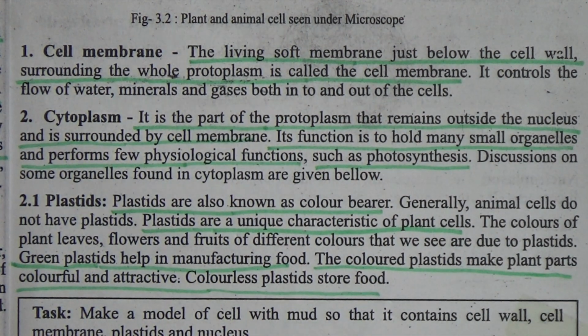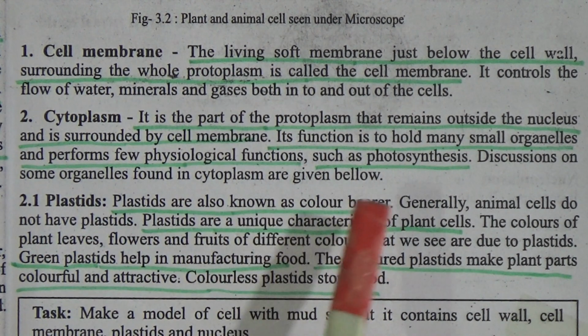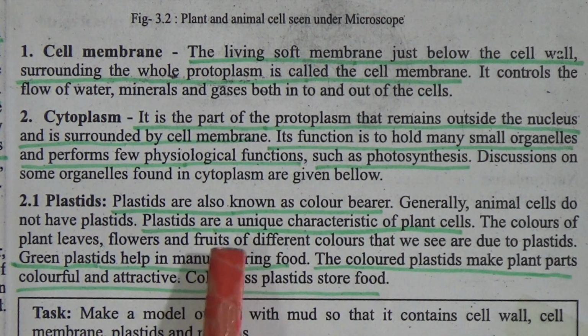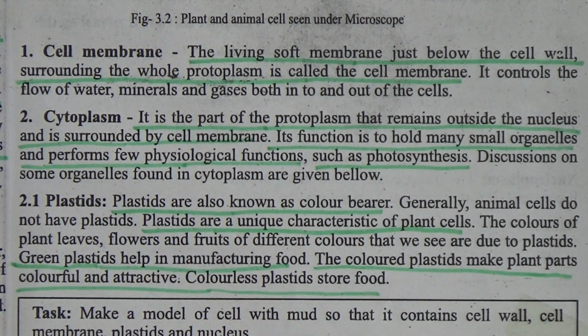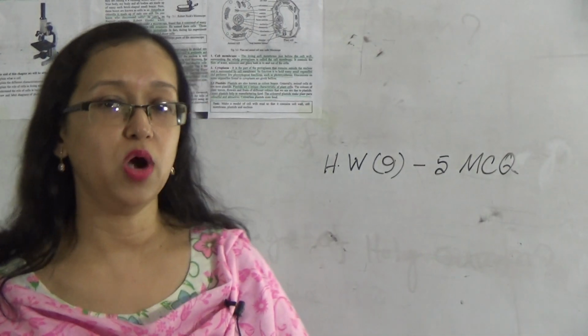Some plastids are colorless, and these plastids store food. Plastid is an important part of a plant cell and is always absent in an animal cell.